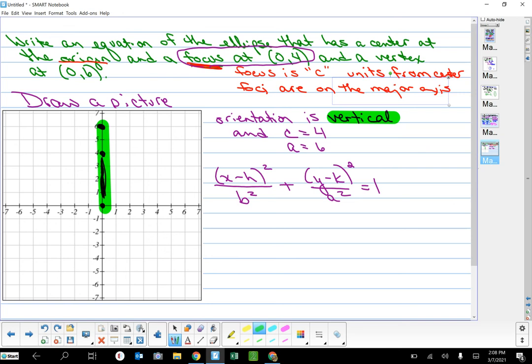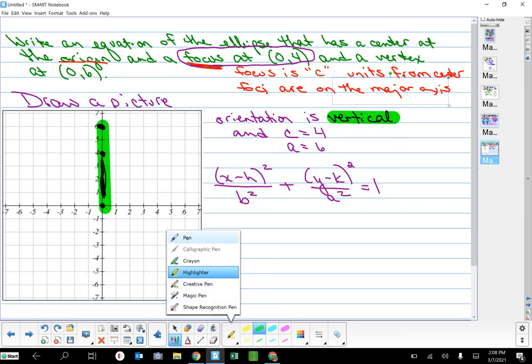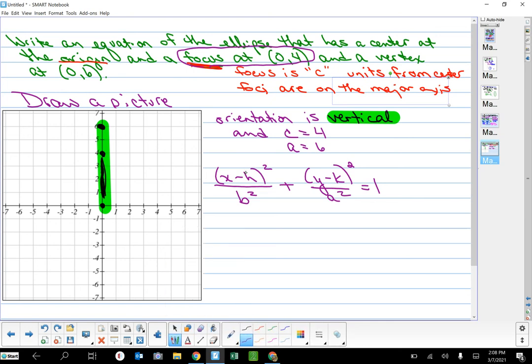Now, we also know if the center's at the origin, we know some useful things. We know that these things are both zeros, right? So we can just put x squared and y squared. So we have x squared plus y squared equals 1.